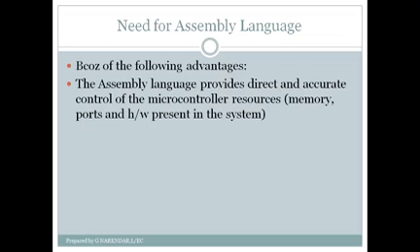When we write instructions using assembly language, the instructions make perfect usage of the circuits inside your 8051. So efficient and accurate control of the controller resources is achieved when you write instructions using assembly language.